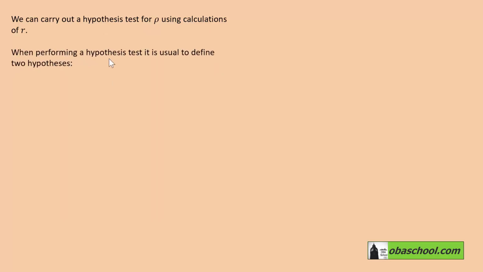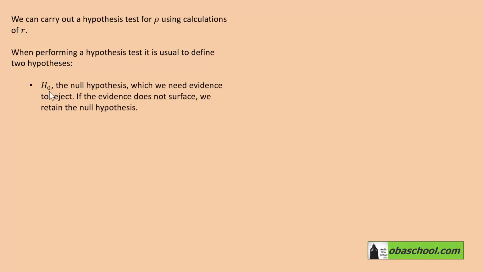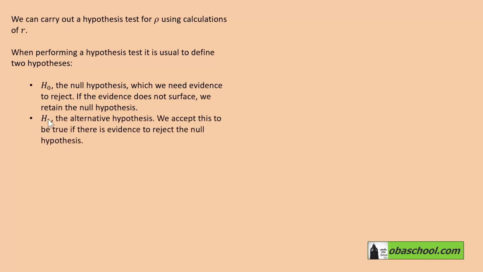When performing a hypothesis test, it is usual to define two hypotheses. H0 is the null hypothesis, which we need evidence to reject. If the evidence does not surface, we retain the null hypothesis. H1 is the alternative hypothesis.